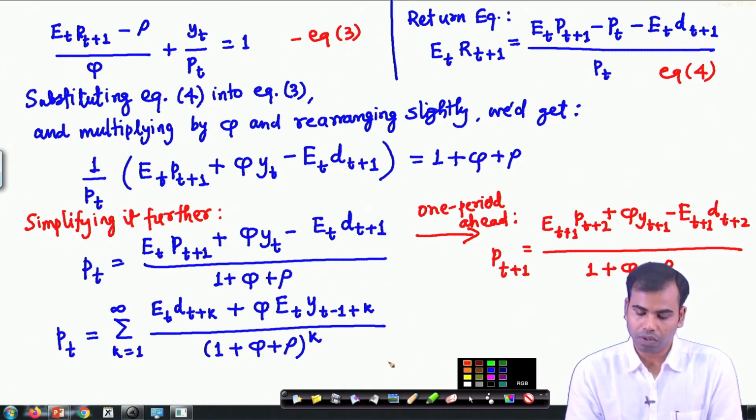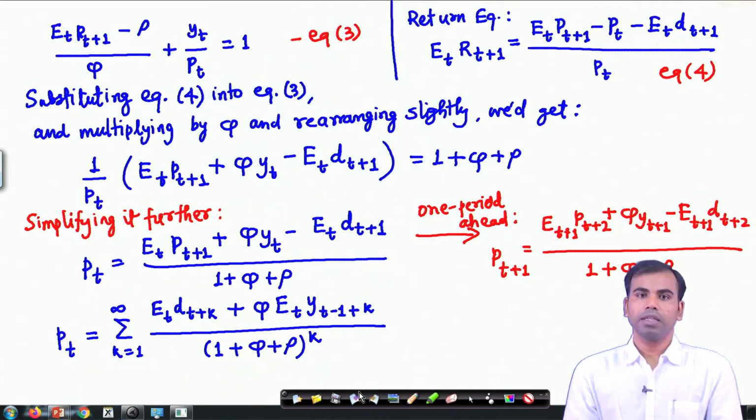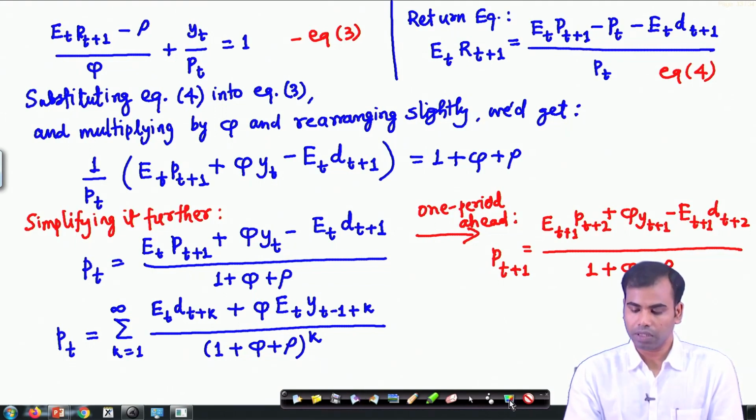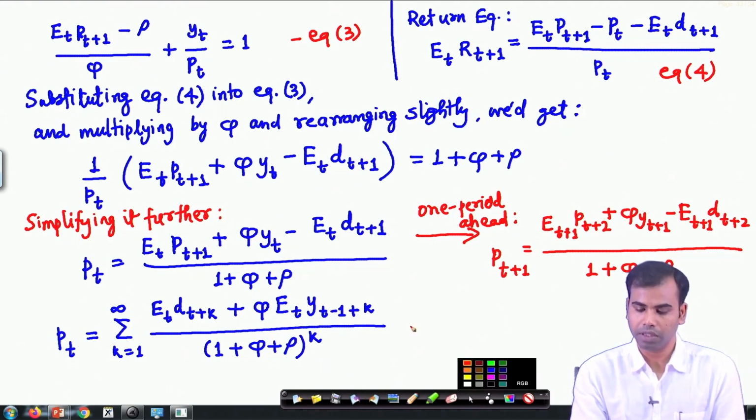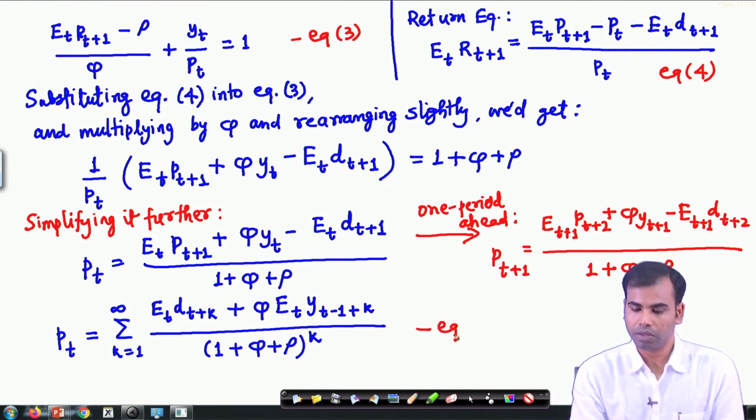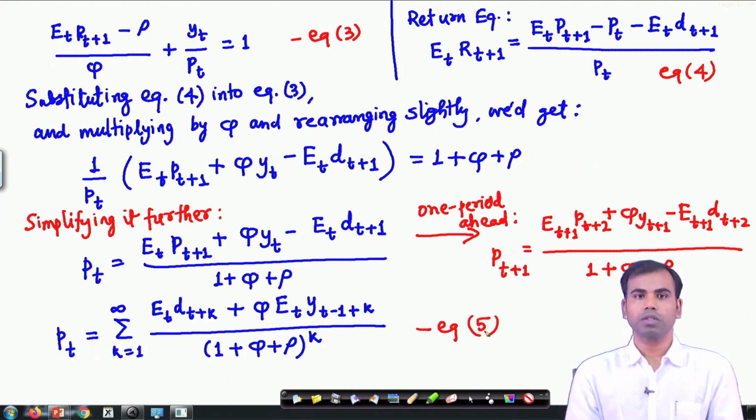If you look at the final expression in terms of equation 5, this equation has two major components: one is dividend and another is the valuation of shares demanded by the noise traders.